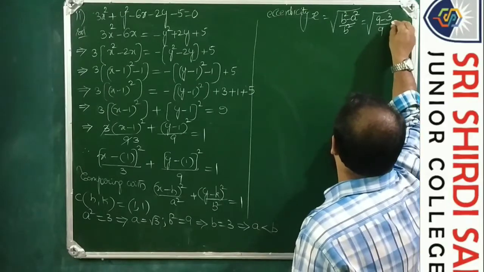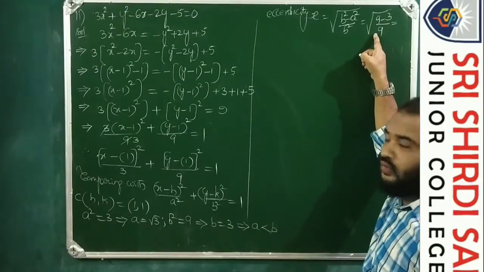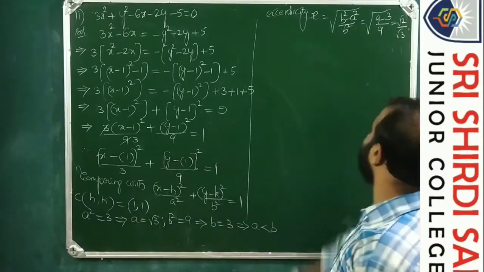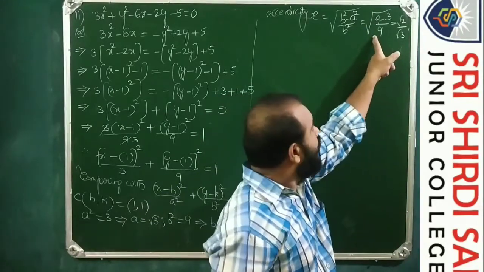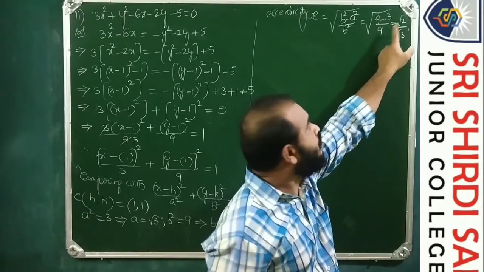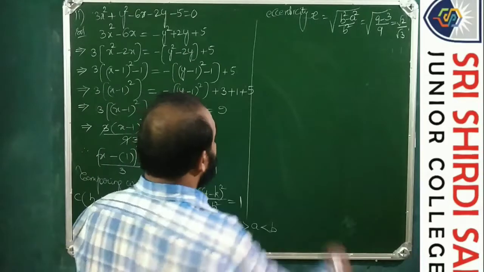So this is 9 minus 3 is 6 by 9. So 3 twos, 3 threes, so this is root 2 by root 3. So this is the eccentricity.